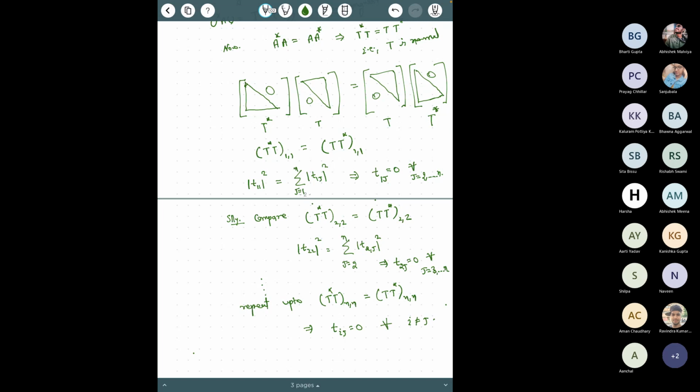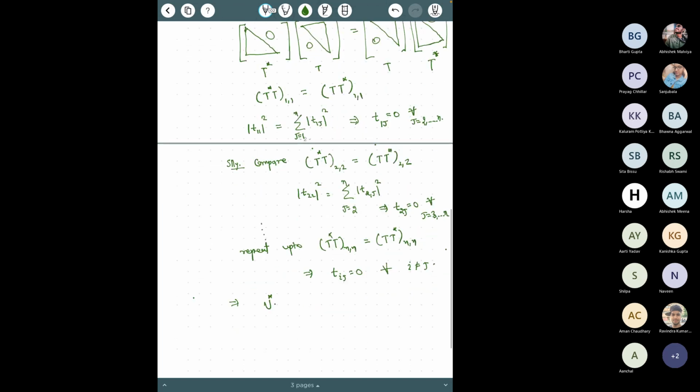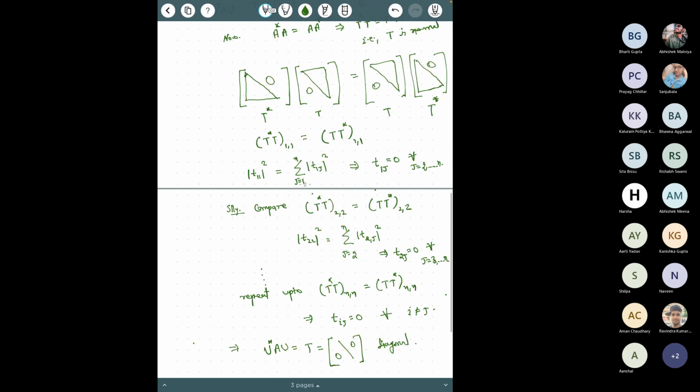So this implies that T is a diagonal matrix. So U star AU, which was equal to T, is diagonal. And this implies that A is unitarily diagonalizable. So A implies B.